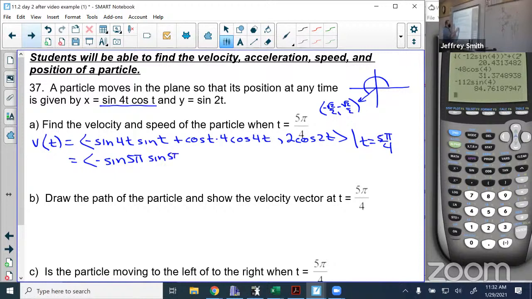Then sine of 5 pi over 4. Cosine of 5 pi over 4. 4 cosine of 5 pi. And then 2 cosine of 5 pi over 2. Yikes. That product rule makes stuff pretty long sometimes.